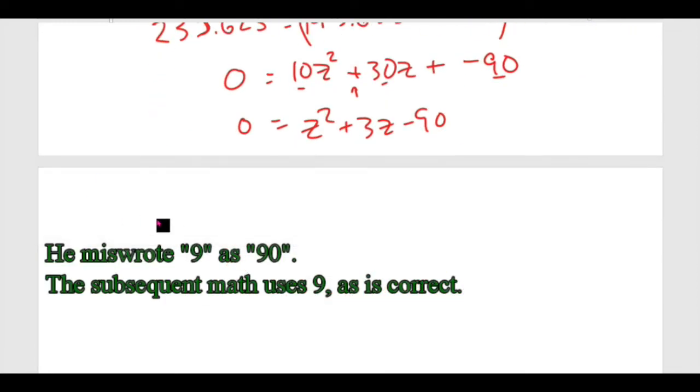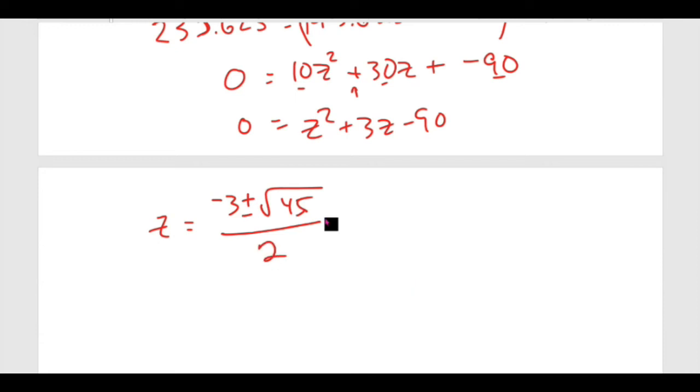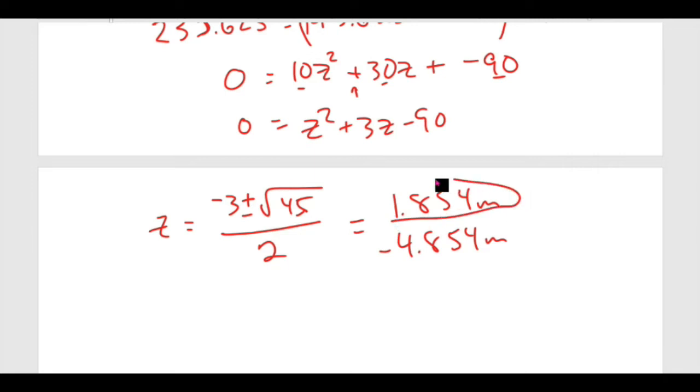And if you plug into the quadratic formula, you get z is equal to negative 3 plus or minus the square root of 45 divided by 2. And I got 45 because we just did that problem. And we get 1.854 meters and negative 4.854 meters.